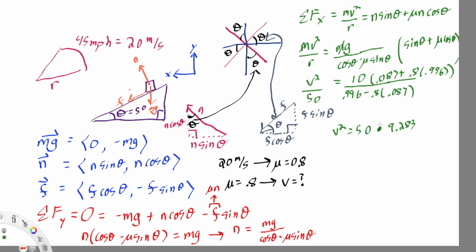Take the square root of that. There we go. So, by tilting the road by just 5 degrees, we increased the maximum safe speed by like 8%.